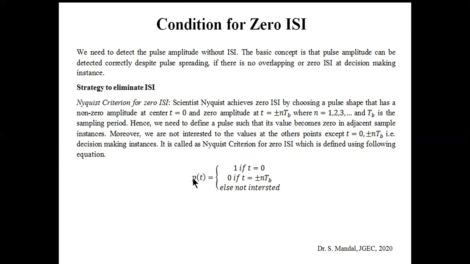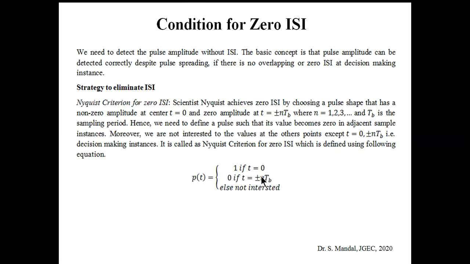Mathematically, you can express p(t) like this: at t equal to 0 the value is 1, at t equal to plus or minus nTb, that is at sampling instants, the value is 0, and at other points we are not interested. This condition should be followed by the corresponding pulses.